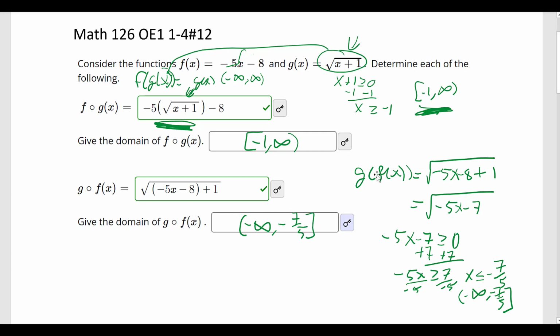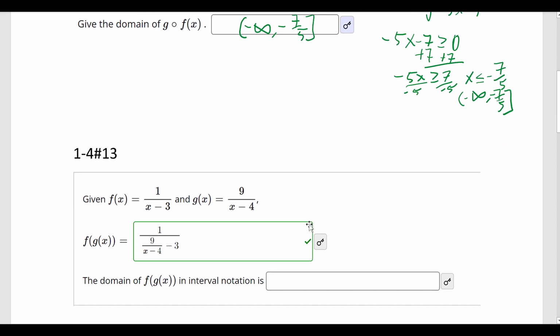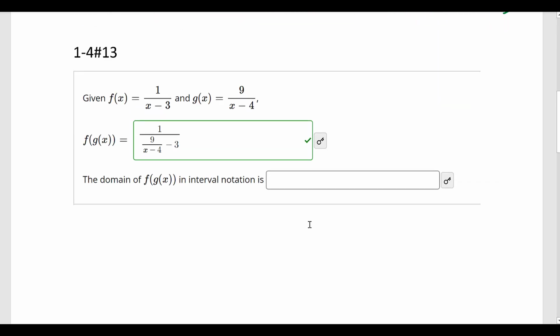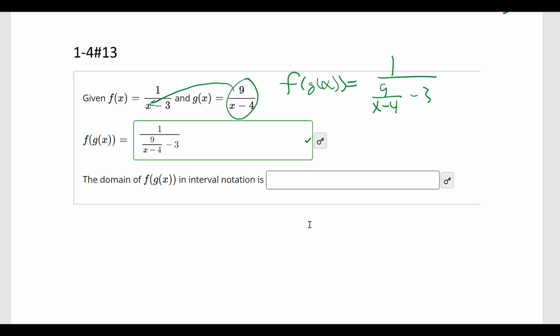Now we go on to the next one, and the next one we're just finding f of g of x. And so this g function is going to go inside of the x there. F of g of x is going to be 1 over 9 over x minus 4 minus 3.